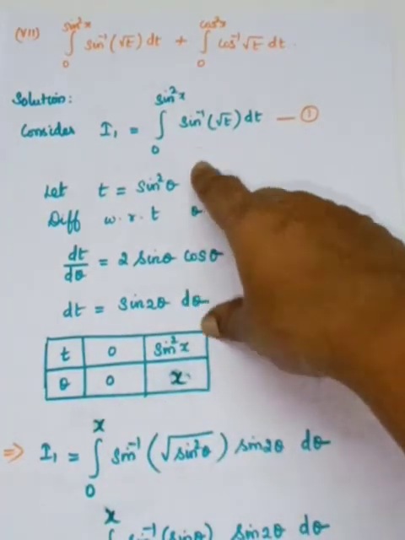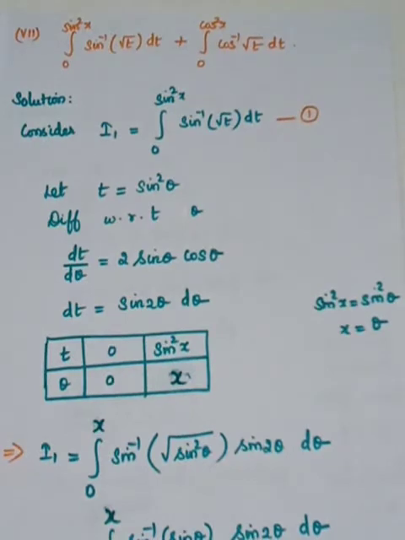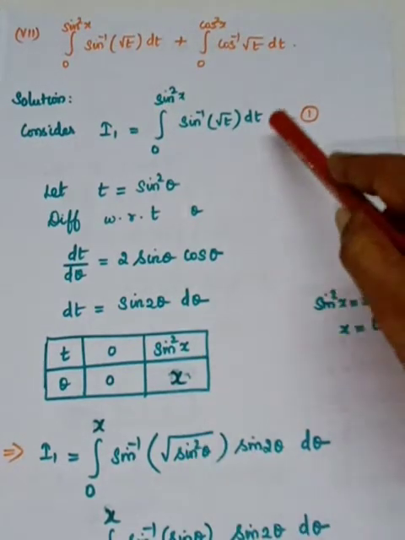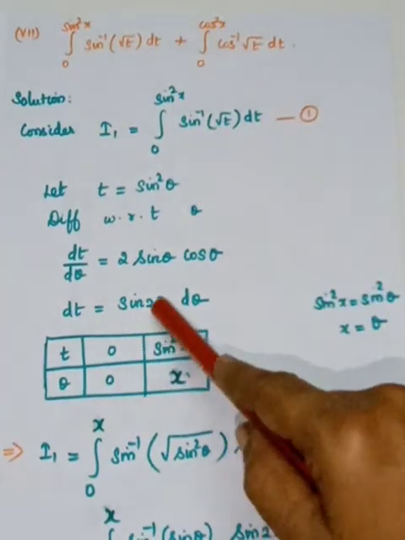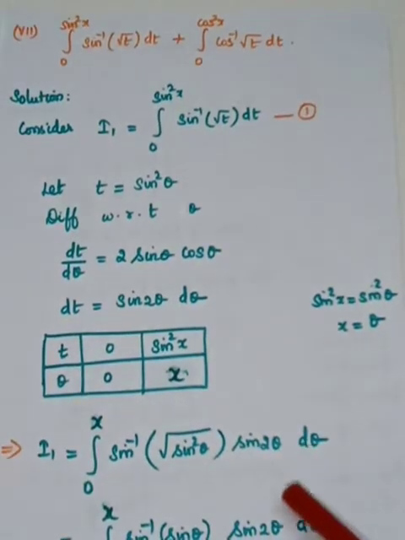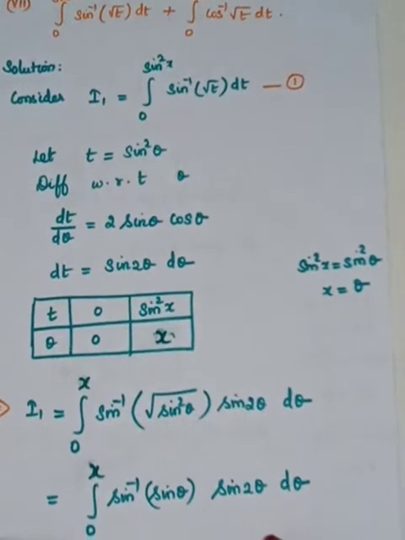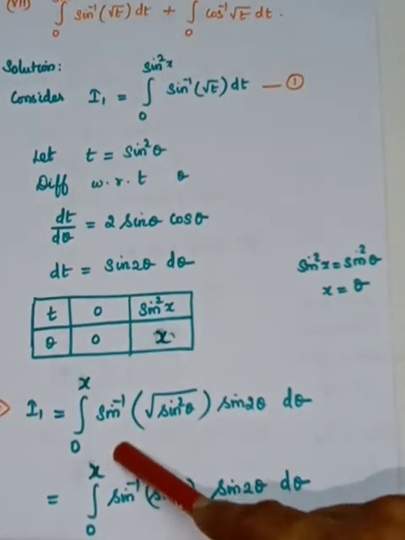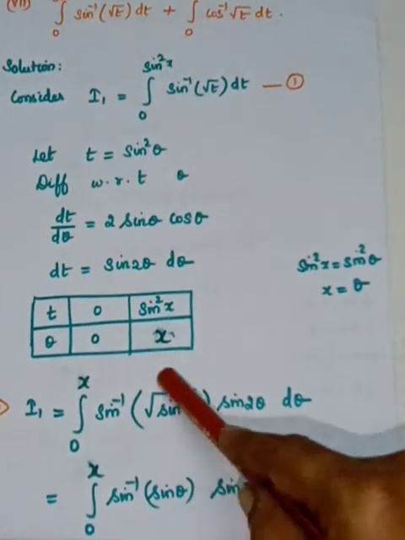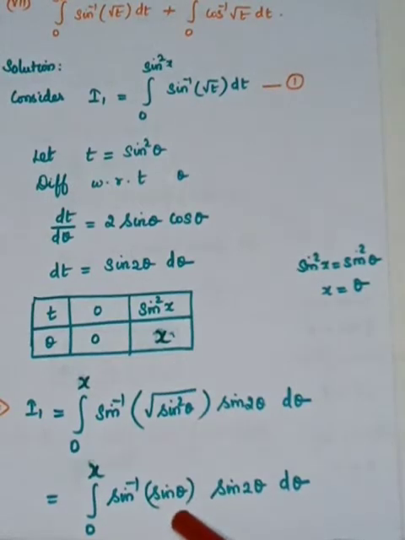Here what you are having? Sine inverse of root t. What is root t? t is sine squared theta, so it is the square root of sine squared theta. What is dt? It is sine 2 theta into d theta. So it is written here. Okay, so the next integral, 0 to x, sine inverse of square root of sine squared theta, which is sine theta, into sine 2 theta into d theta.